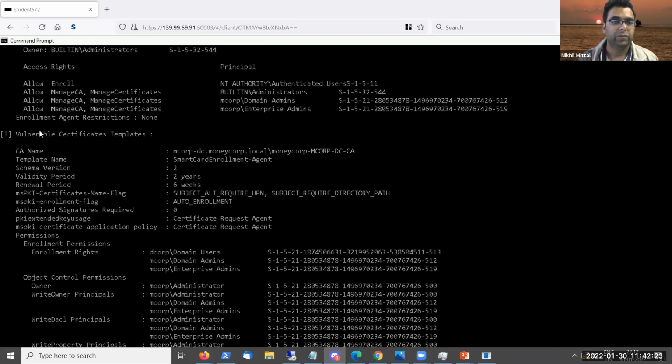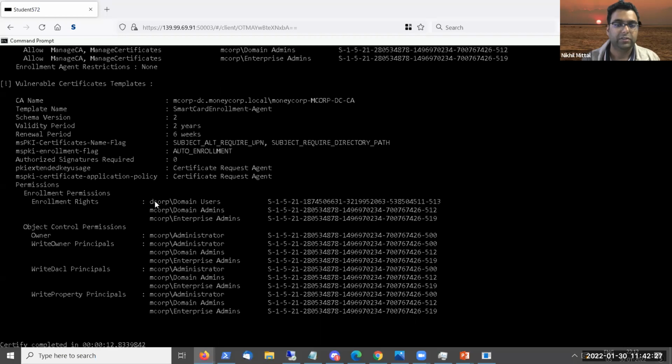All right, so the vulnerable certificate templates now, as you would see, the ones where only the domain users have enrollment rights, only those show up as vulnerable. Recall the smart card enrollment one, sorry, the HTTPS certificate one where the RDP users group had enrollment rights, that would not show up. So please always keep this in mind.